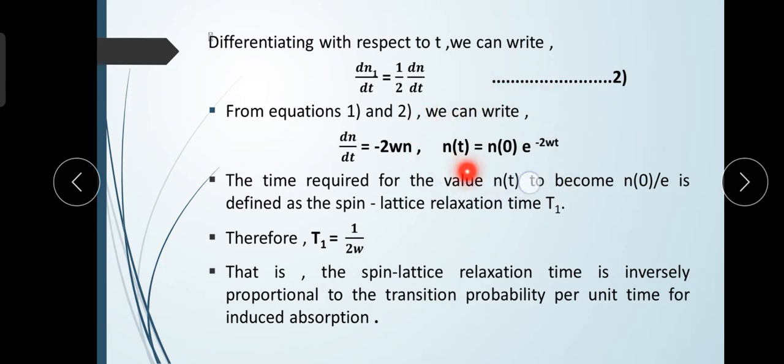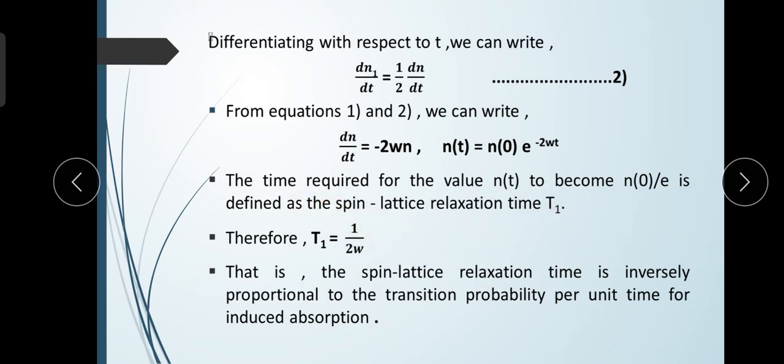So after integrating we get this quantity, and the time required for the value n of t to become n of 0 divided by e is defined as the spin lattice relaxation time t1. That means the time required for the number of spin states at a time t to become equal to n of 0 by e is defined as the spin lattice relaxation time.